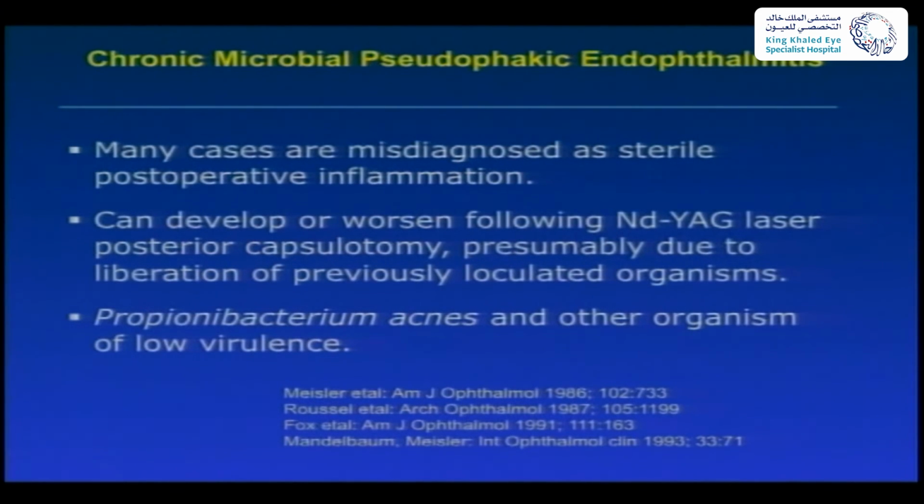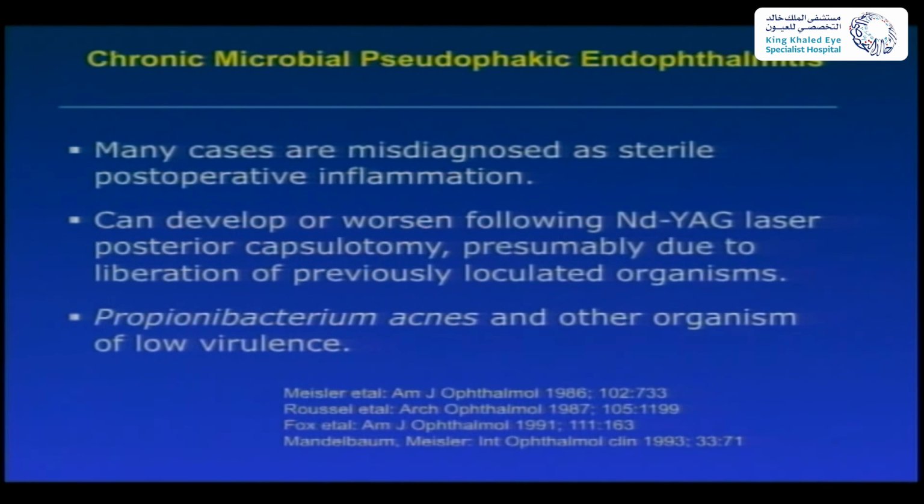Many cases are misdiagnosed as sterile postoperative inflammation, and can develop or worsen following neodymium YAG laser posterior capsulotomy. This is hypothesized to be due to the release of previously loculated organisms. So the organism is typically a low-virulence organism that is sequestered between the intraocular lens and the capsular bag.